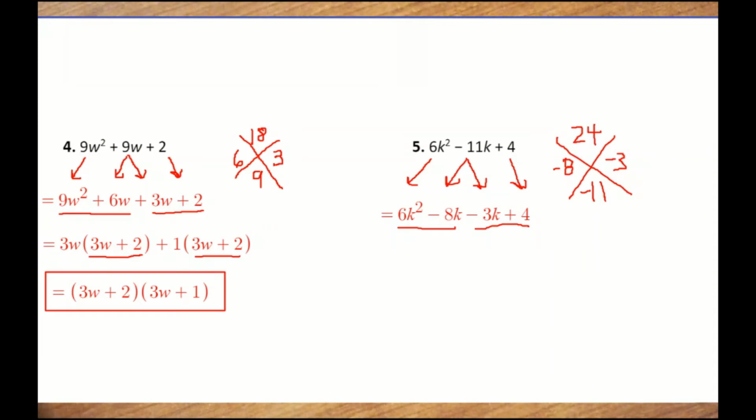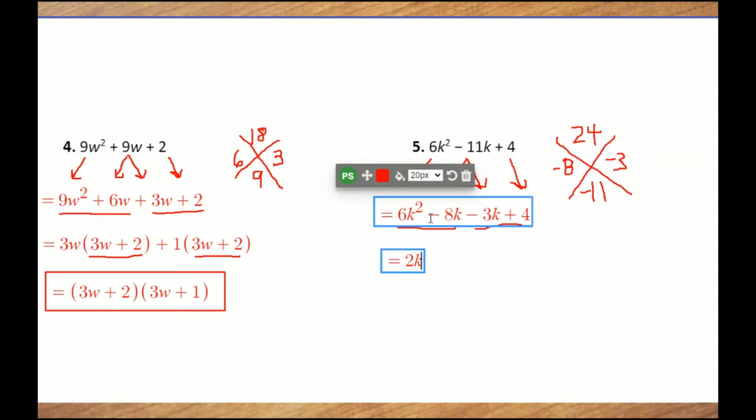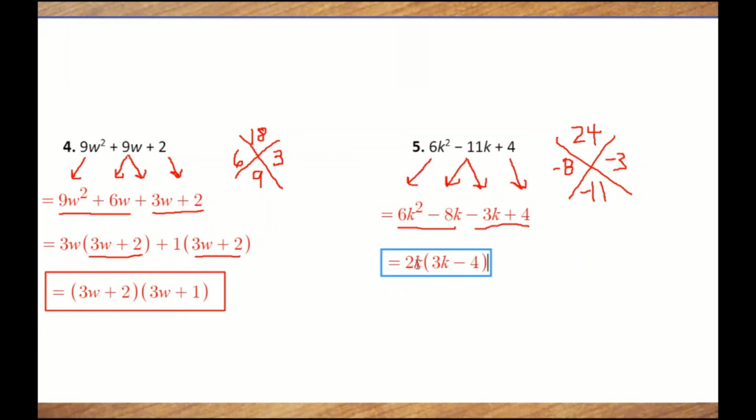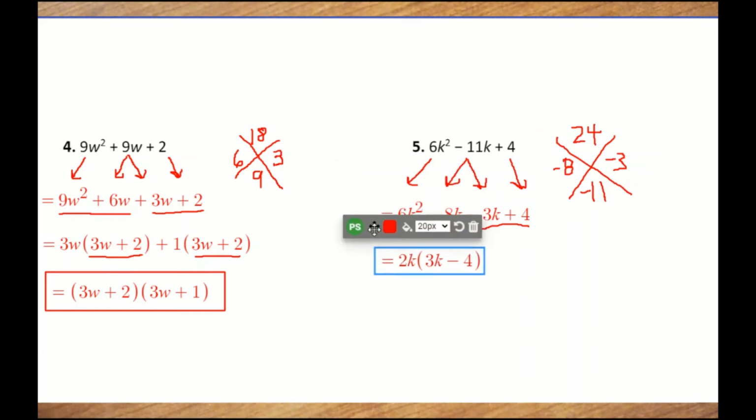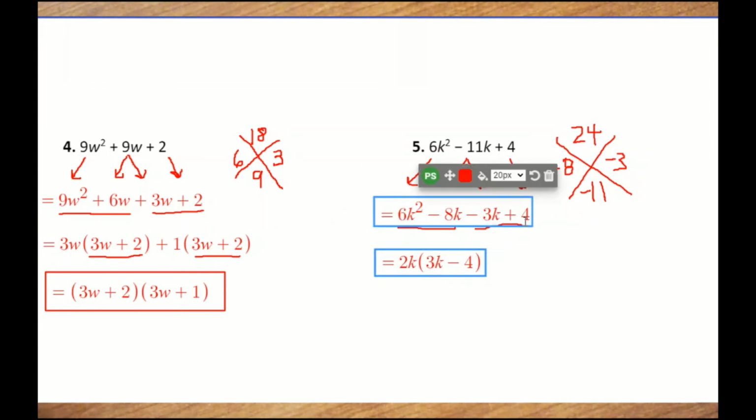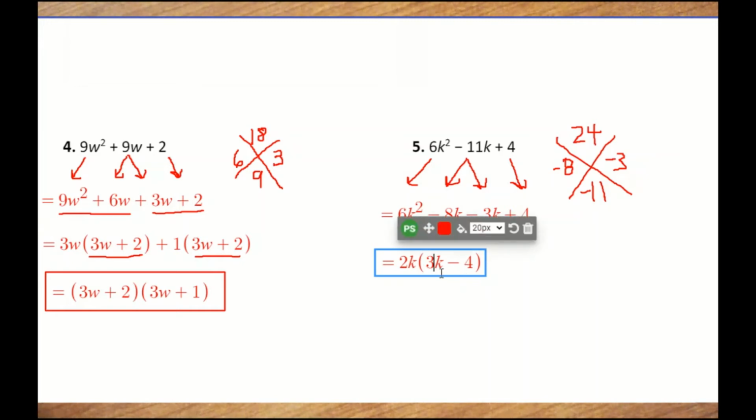Now, what we want to make sure happens is that we get the same thing in the parentheses, like on this last one. So let's just keep that in mind as we're going through this. The GCF of that first one is going to be 2k, which leaves me with 3k minus 4. And if you look at the next set, it might be a little confusing because we got minus 3k plus 4, but we want it to be 3k minus 4.